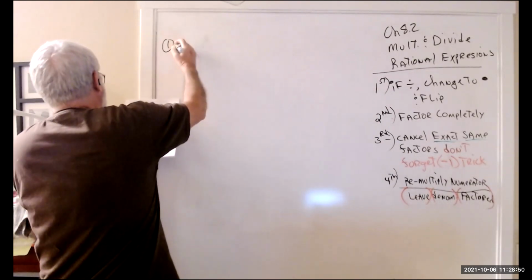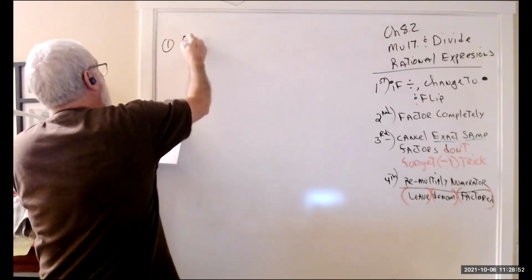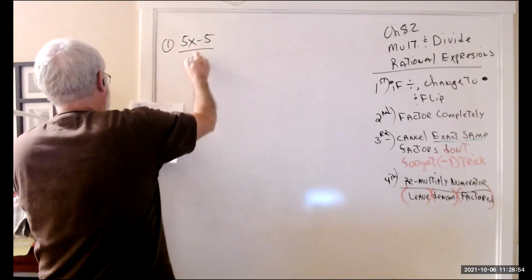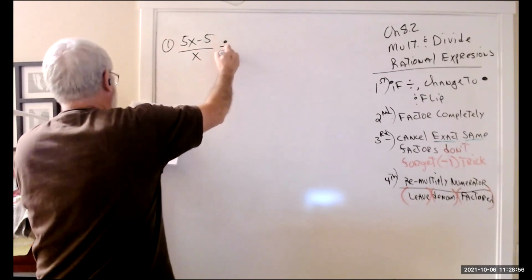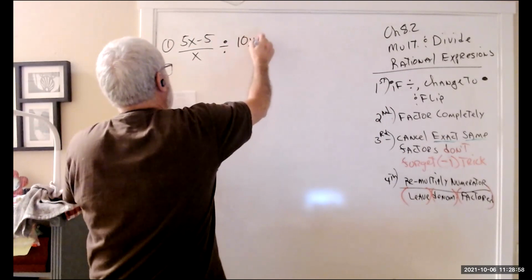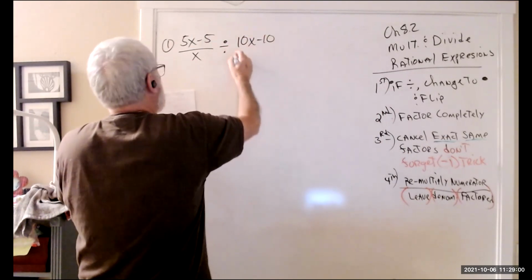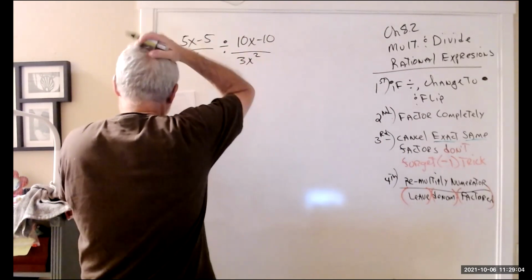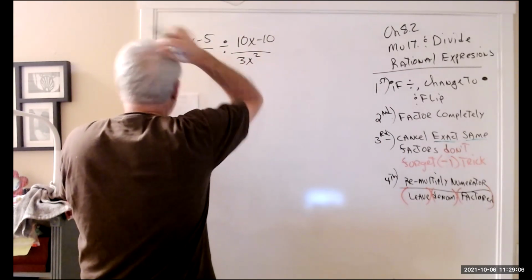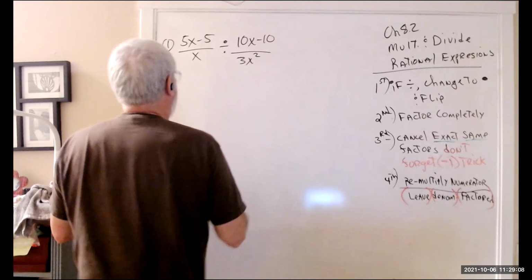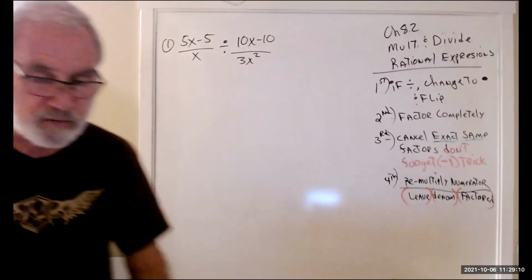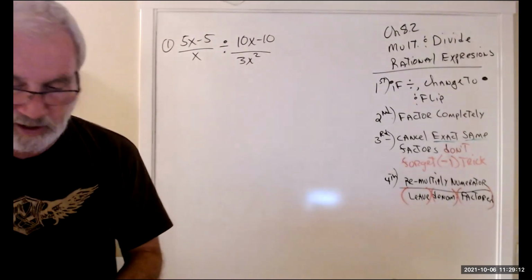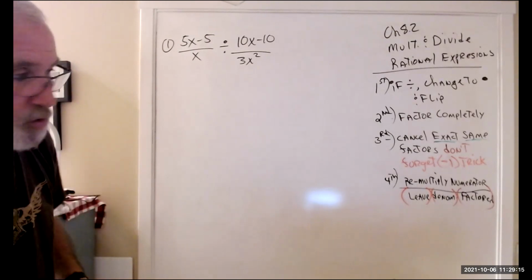So number one, 5x minus 5 over x divided by 10x minus 10 over 3x to the second. Okay, I'll walk you through this one, and then I'll give you guys a few to try.